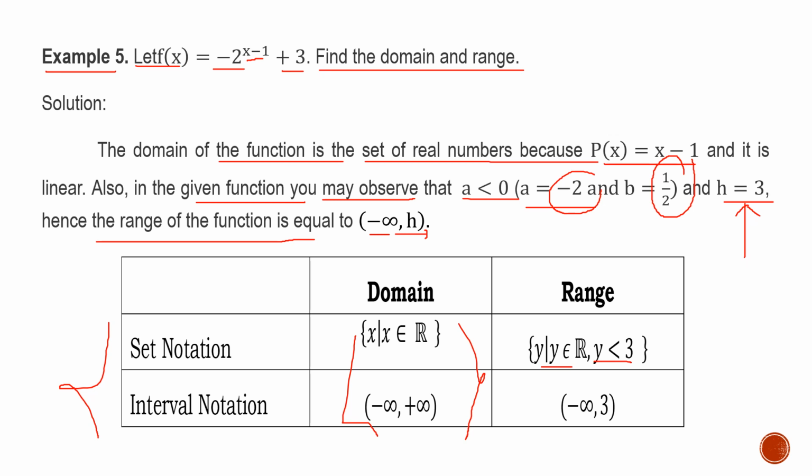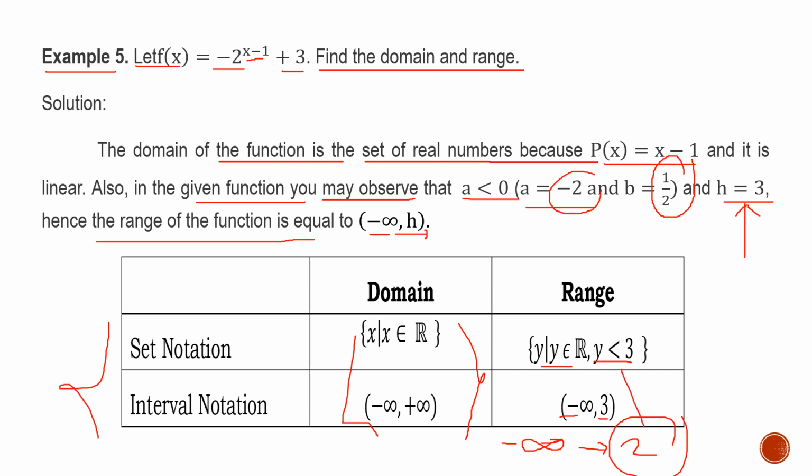Then the value of your range will start from negative infinity to 3. Why? Because there's a given condition here that your y is less than 3. What we're trying to point out here is that the value of your range will start from negative infinity up to, for example, positive 2, because positive 2 is less than 3.